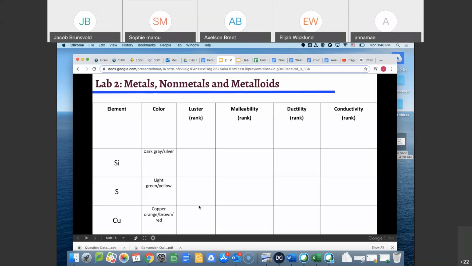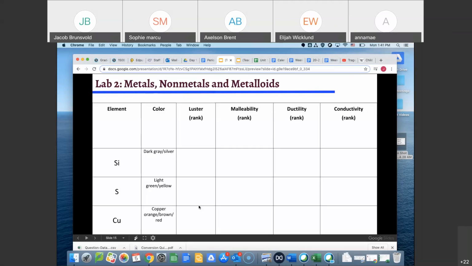Yes. You guys could probably see that the copper was already shaped into a wire in the video, so that one was the easiest. It would have been really difficult to do with the sulfur, right? You remember when I pressed on it with the spatula, it just broke into two halves. If I tried to shape that into a wire, it would just crumble into dust. It wouldn't work. Silicon, on the other hand, you could maybe make a wire out of that.